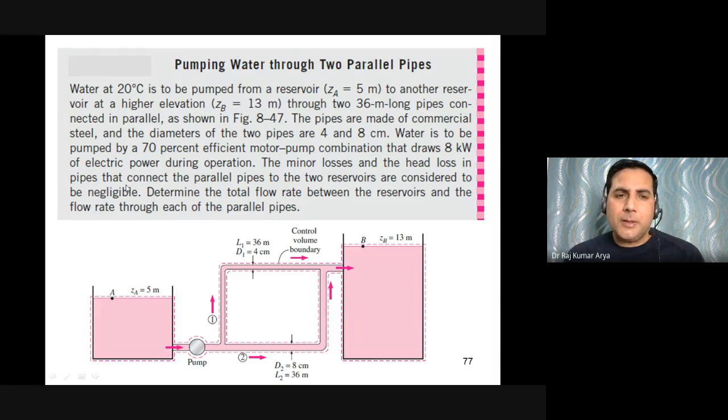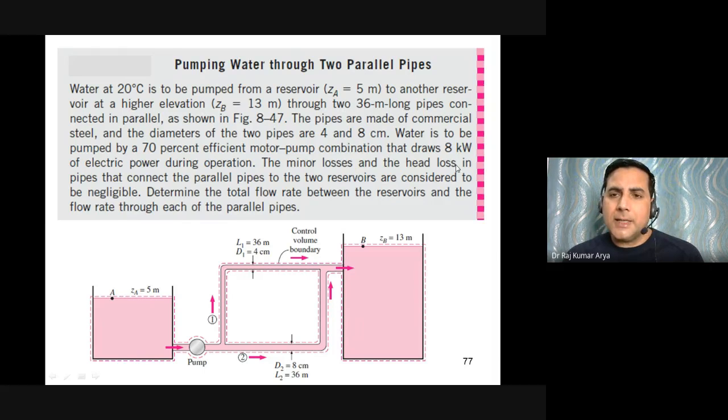Water is to be pumped by a 30% efficient motor pump combination. It means it is the combined efficiency of motor and pump, not only the motor. It is the efficiency of the entire combination, which consumes electricity of 8 kilowatt during the operations.